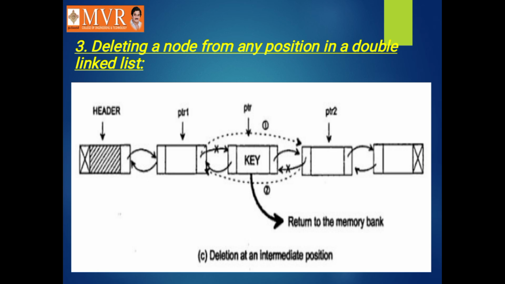For that also, we have to traverse from the header node to the next node, then to the next node, and the node to be deleted will be specified using a pointer. That is, ptr will point to the node to be deleted, ptr1 points to the previous node, and ptr2 points to the next node, that is the successor of the node to be deleted.